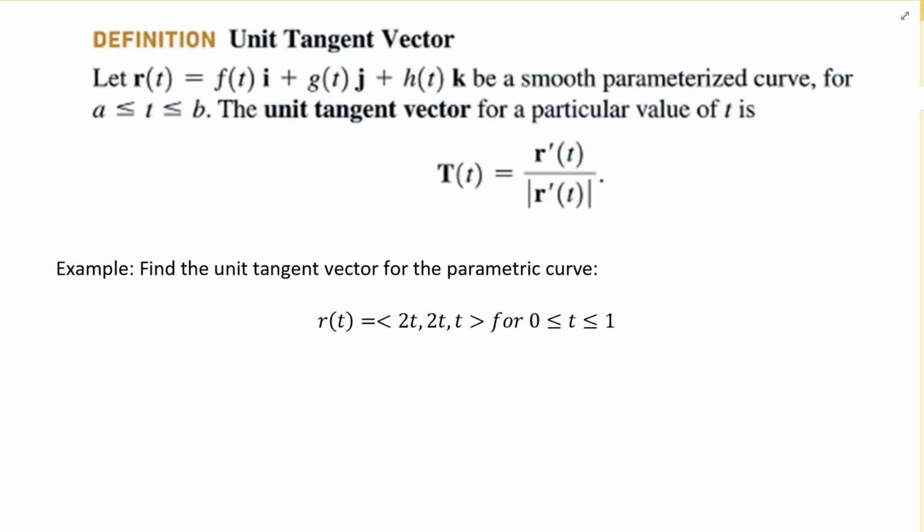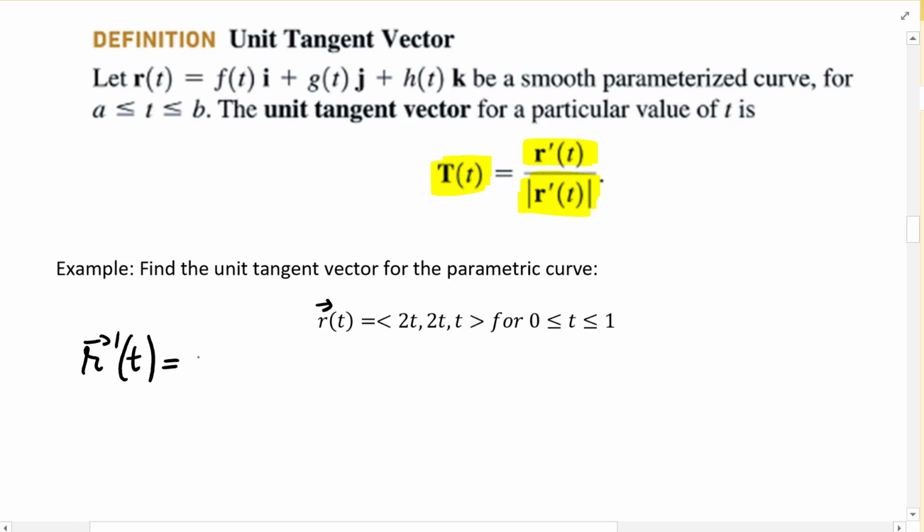The unit tangent vector, so the tangent vector, it's r prime of t. Well, if I want to find the unit tangent vector, we are going to divide r prime of t by the magnitude of r prime of t, and that gives us the unit tangent vector. So we want to find the unit tangent vector for the parametric curve. So let's find r prime of t. So this is r of t.